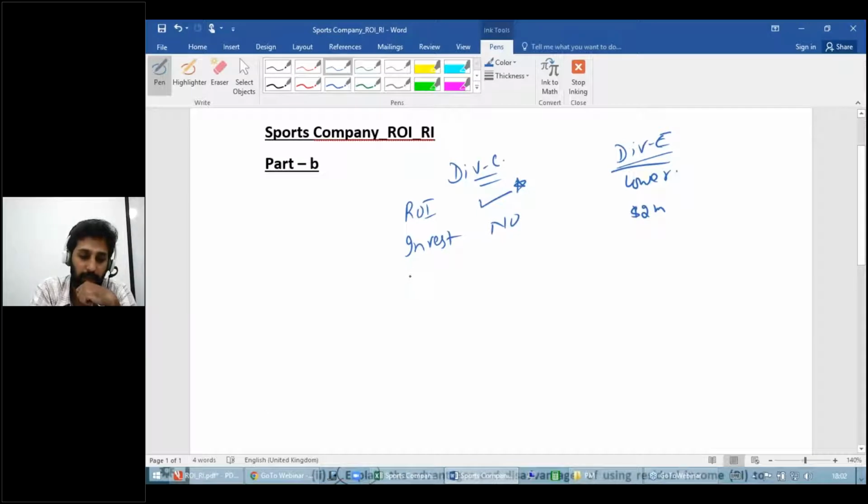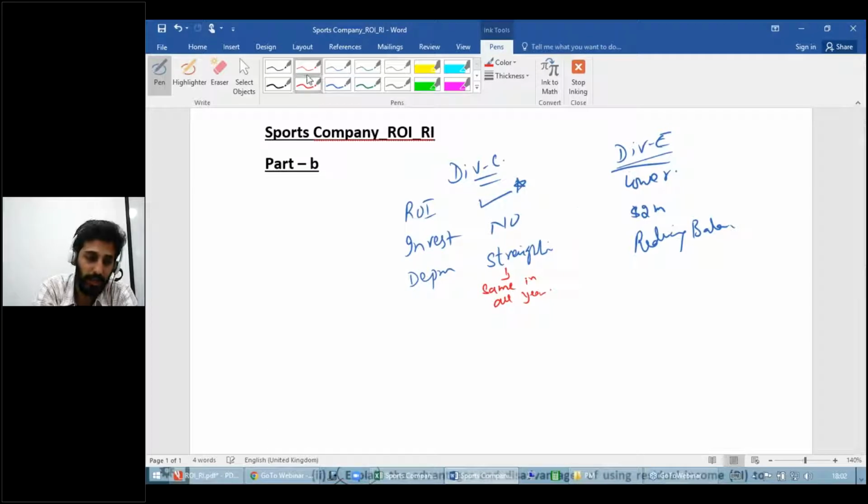And the depreciation: for division C the depreciation is straight line, for division E the depreciation is reducing balance. Now, what is the impact of the depreciation? Here the depreciation is the same in all years because it's a straight line.